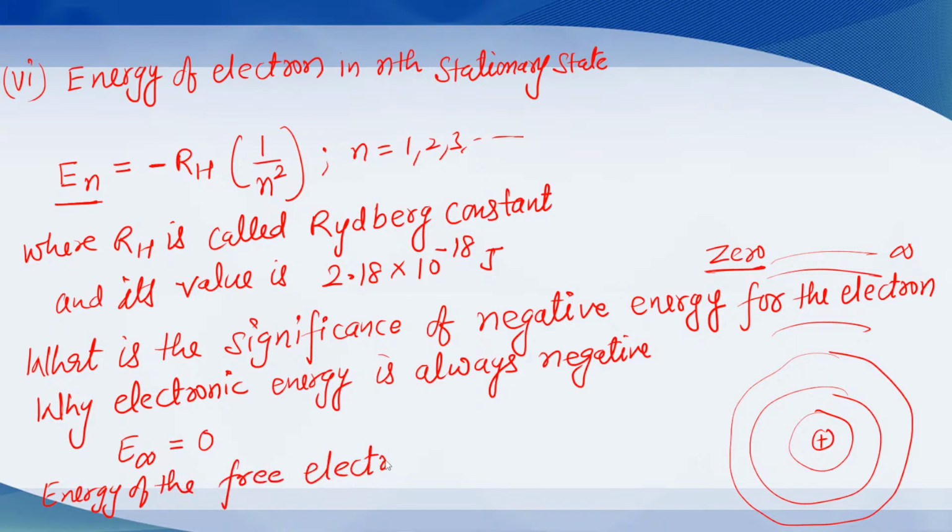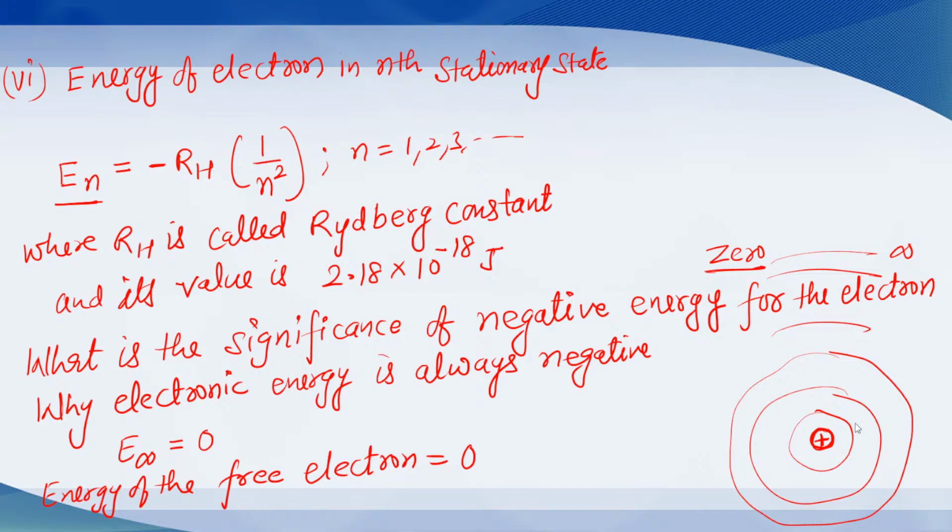Free electron means when it is not in contact with the nucleus, not associated with the nucleus, or it is free from the attraction of the nucleus. Because if electron is in the atom, it is always in attraction with the nucleus, because nucleus is the only force which holds the electrons in the particular shells.